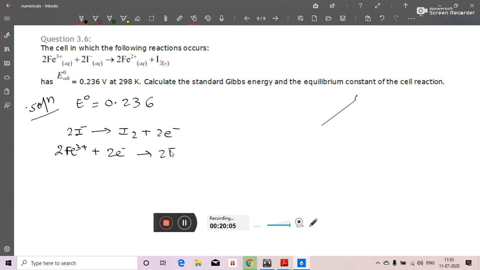So looking to this half reaction, our N will be equal to 2 and F is equal to 96487. 1 Faraday equal to 96487 Coulomb.